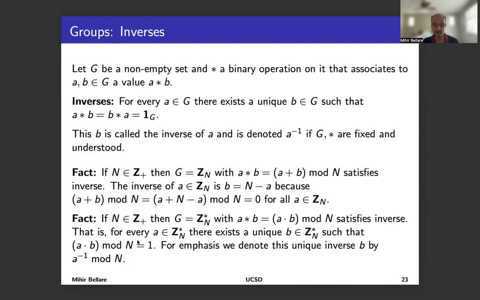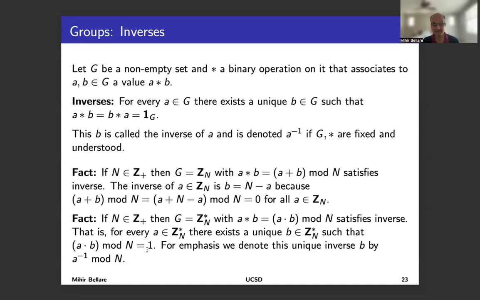Now we can turn to the multiplicative group. In that case, the claim that it really is a group says that if you hand me any A, and now with the operation being to take the product mod n, it's possible to find a B such that it lies in the same set Zn star, but when I multiply them and mod n, I get back the group identity element in this case, which is the integer 1.